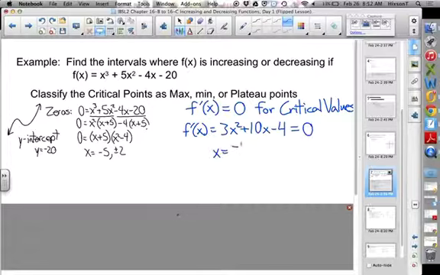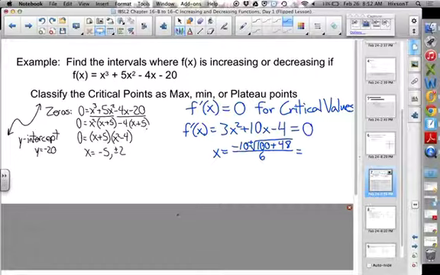X equals negative 10 plus or minus the square root of 100 minus 4 times 3 times negative 4. So it's plus 48, all over 2a, so that's all over 6. Okay?